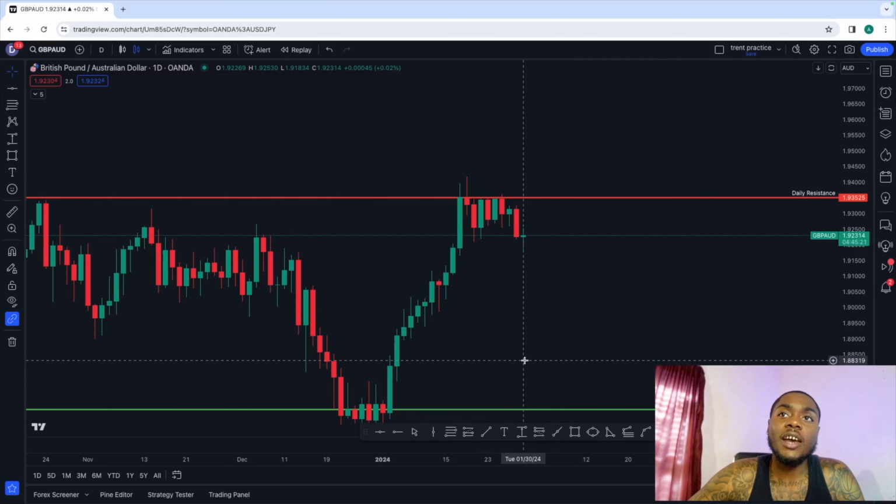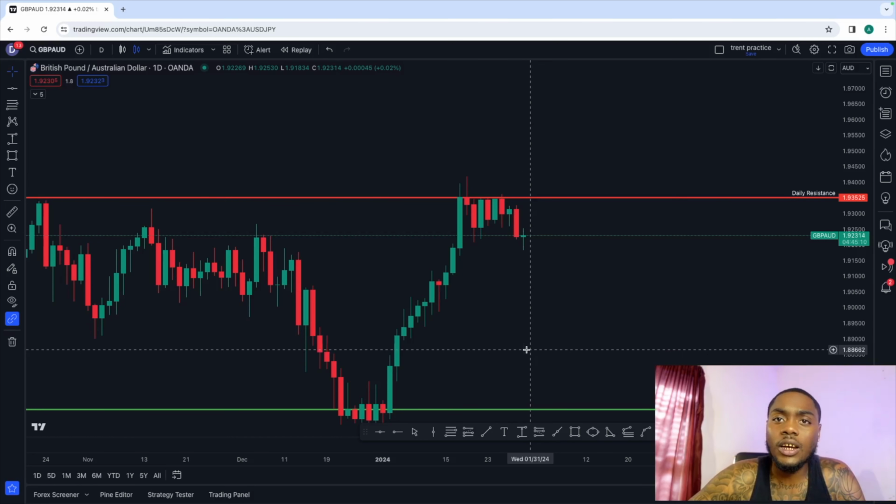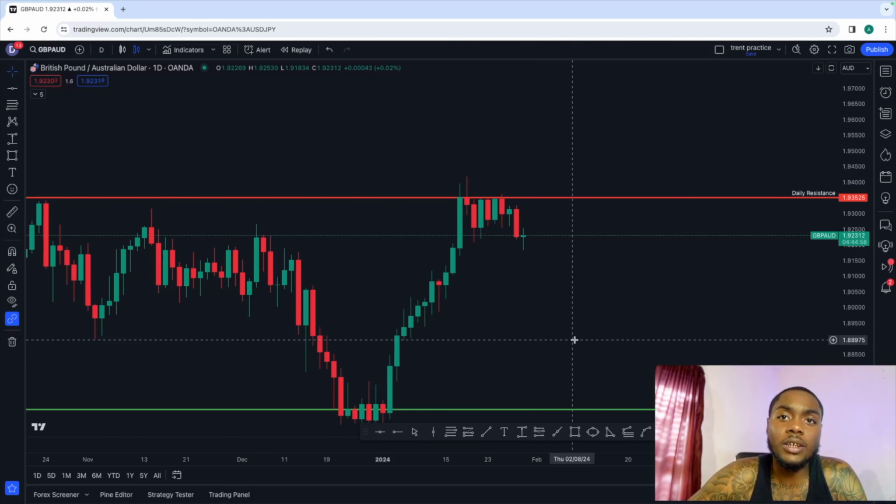You want to have your zones, which I'll talk about in a second, about 150 to 200 pips away from each other. Anything under 150, 100 pips or so, you just want to leave it running or let price run to the next major level, because when we're trading from level to level, that's all we're doing. We're getting in at the best price point, and then we're trading to the next level.